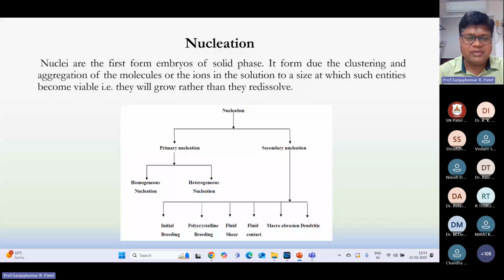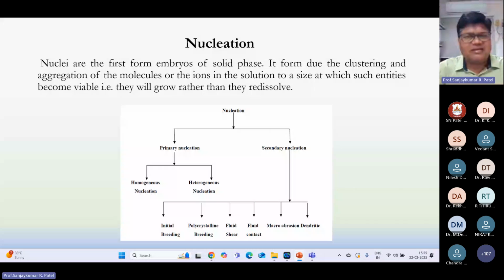When it becomes a detectable size, that process is known as nucleation, and then mass transfer happens and crystal growth occurs. So the nucleus is generally an aggregation of molecules to a size at which a particular cluster becomes viable.